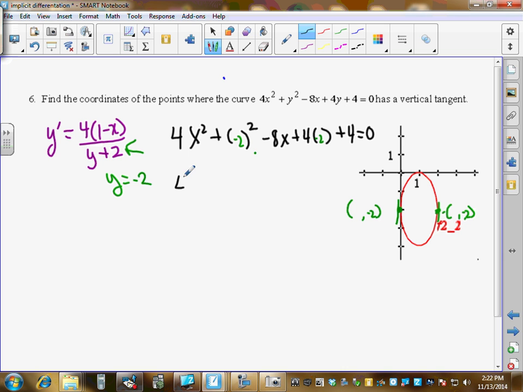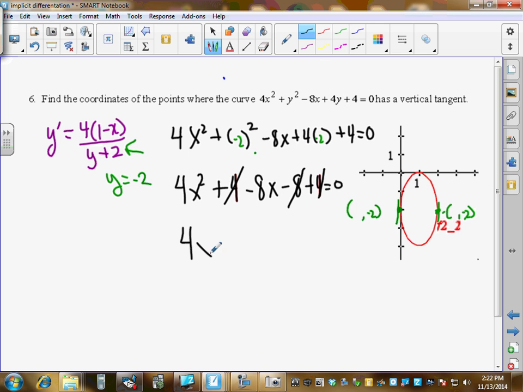It's just going to give us 4x squared. -2 squared is +4, minus 8x. Positive 4 times -2 is -8, plus 4 equal to 0. Combining like terms, positive 4 minus 8 is -4, plus 4 is 0. So that 4 and that 4 gives us positive 8, -8 is 0.